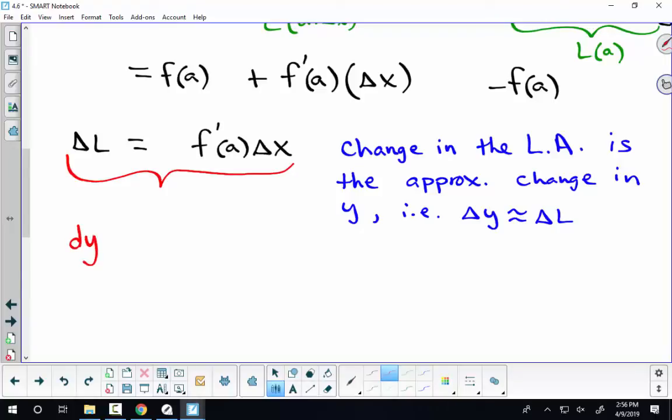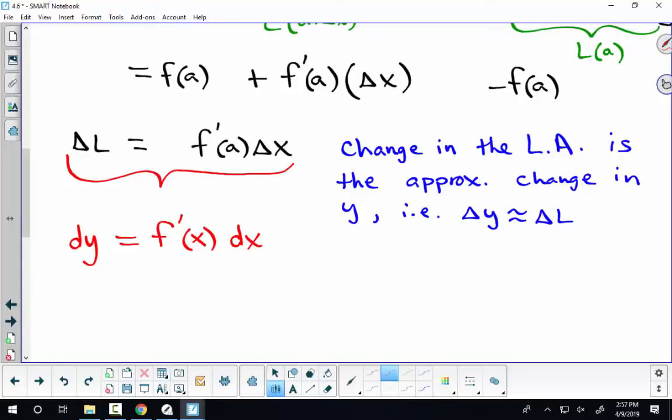We're going to change that into lowercase dy equals f prime times dx, changing the deltas into lowercase d's. And since this a was arbitrary, we'll just go ahead and use f prime of x. And then this will give us the approximate change.